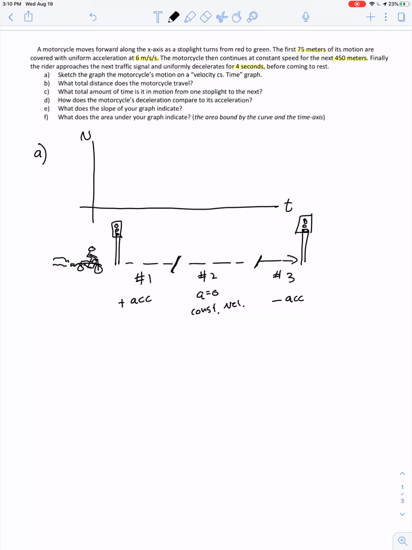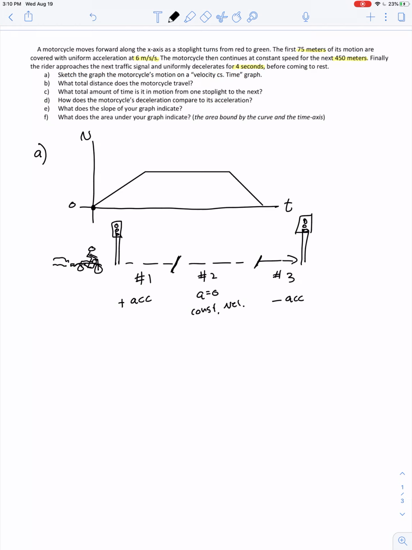So velocity versus time graph. We know it starts out with a velocity of 0, right, when this light first turns green. And because it's accelerating, its velocity is gradually increasing. But because it's a uniform acceleration, that increase appears as a straight line segment on our velocity versus time graph. Whatever velocity it reaches, it then maintains, and then it has to decelerate back to rest.